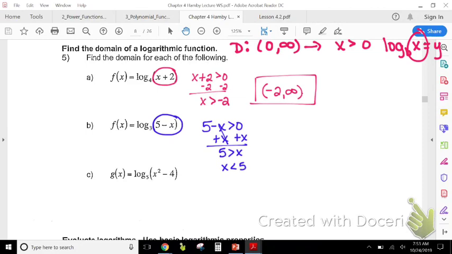When you flip it, just make sure the original inequality sign, the point was towards the x, so make sure when you change it, the point is still towards the x. All right, so how would I write x is less than 5 in interval notation? Very good. And 5 is going to have a parenthesis because it's not going to be equal to.